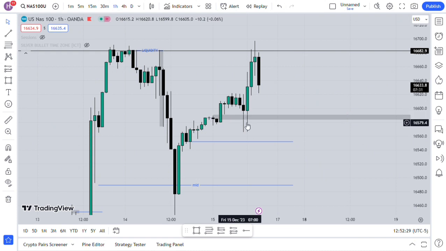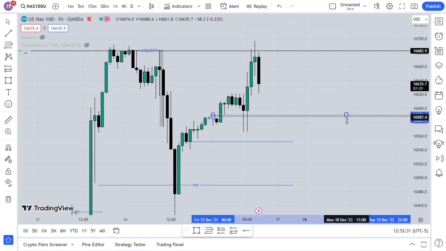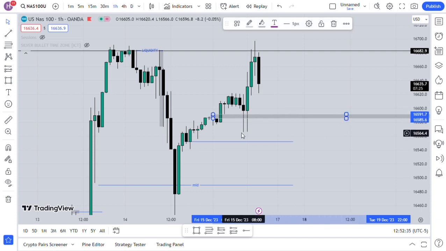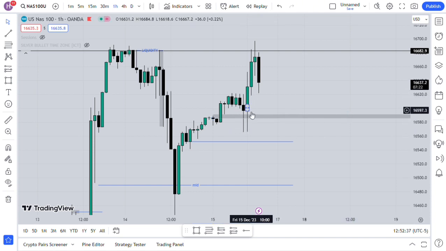But down here, there is a very beautiful fair value gap, although it's a very small one, and it has already been used by these candles. They went through the fair value gaps but closed higher, which means the price was willing to go up, taking this liquidity here. And with that, let us meet in the next video.